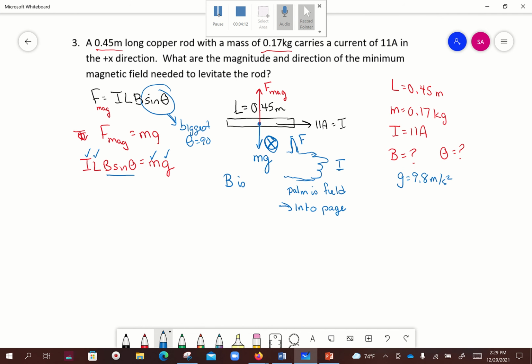So we want theta is 90 degrees. Now I'm just going to get B. B is equal to mg over I L sine theta. I know all my numbers, so I can just plug and chug.